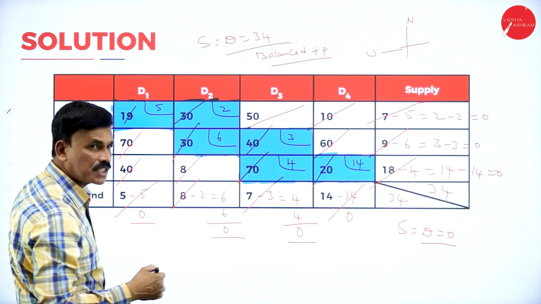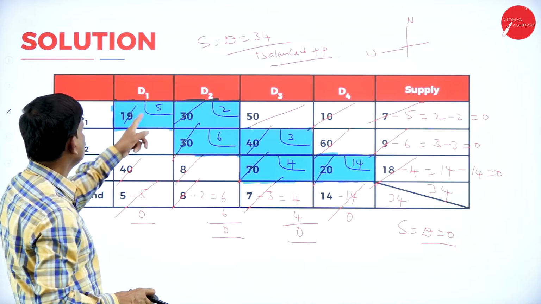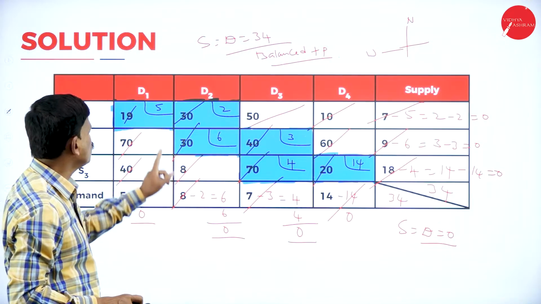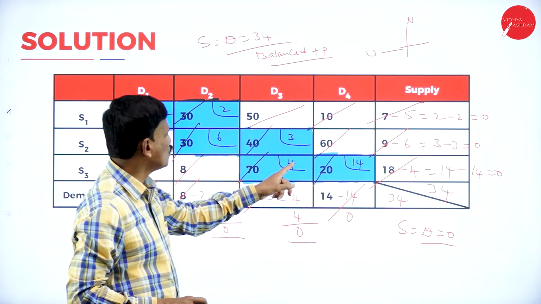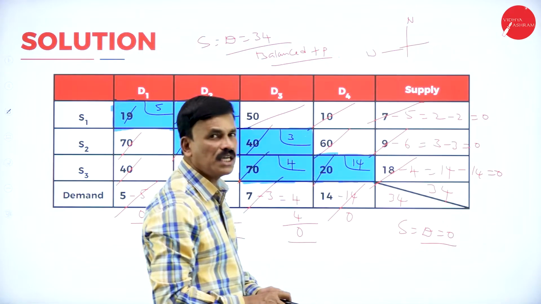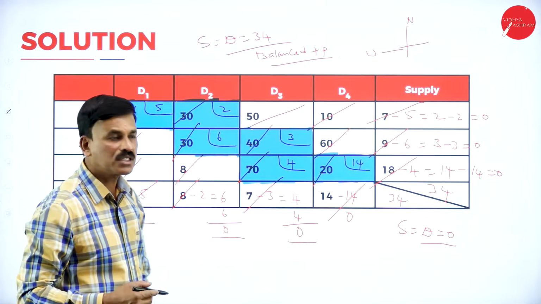So, the cost of the transportation is 19 into 5 plus 30 into 2 plus 30 into 6 plus 40 into 3 plus 70 into 4 plus 20 into 14 will give the cost of the transportation.